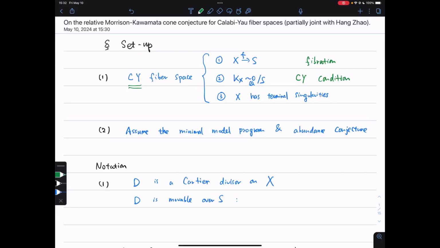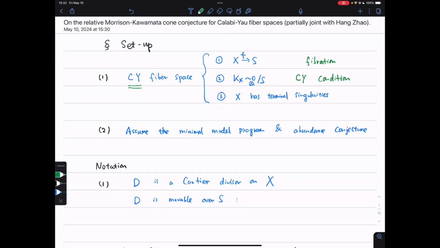People sometimes put other conditions, like the vanishing of higher cohomologies, but from the perspective of birational geometry, I only impose the triviality of the canonical divisor. So this is my Calabi-Yau condition. And certainly I require some conditions on the singularities of the space.